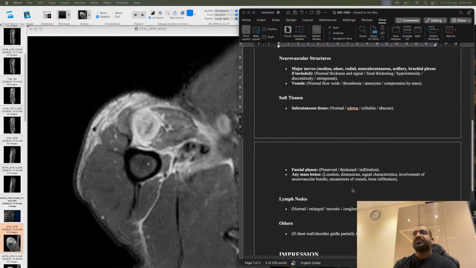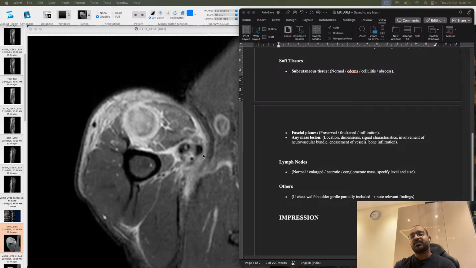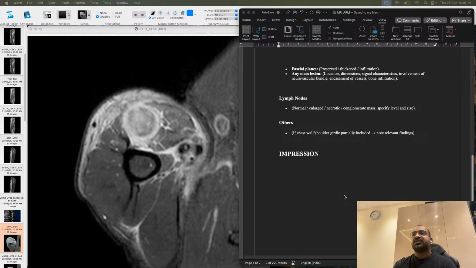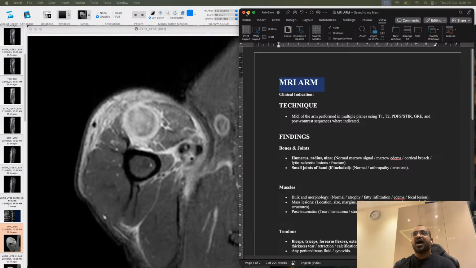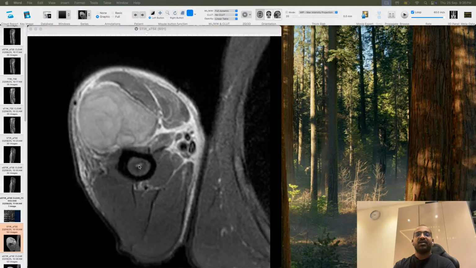Any mass lesion within the soft tissue, lymph nodes if the axilla is covered, and sometimes even in the arm we can see subcutaneous or soft tissue lymph nodes. So these are the things we need to mention in an arm report. So this is about the case of avulsion of the long head of biceps. This is done. We'll move to the next case.